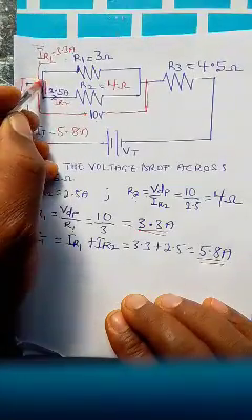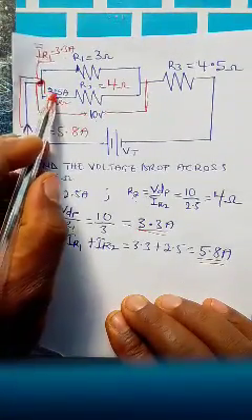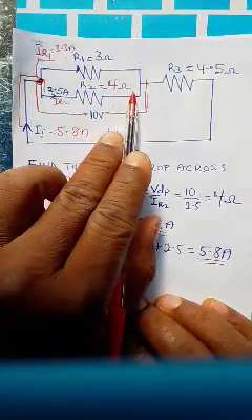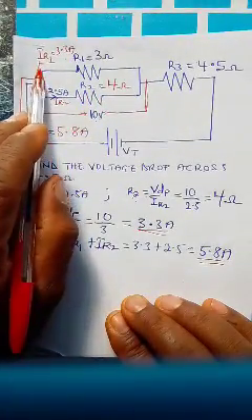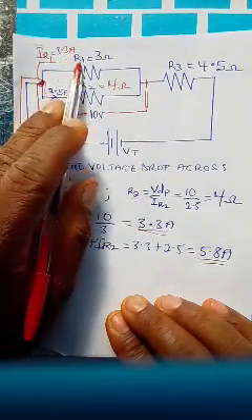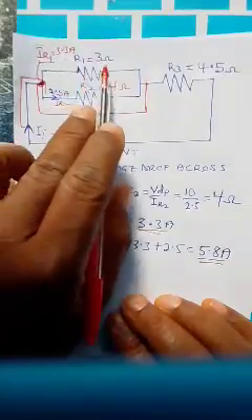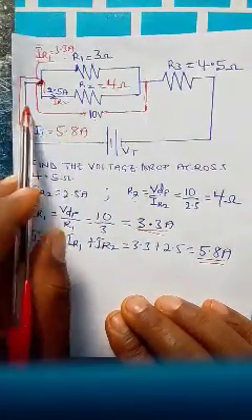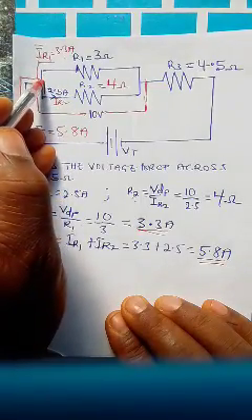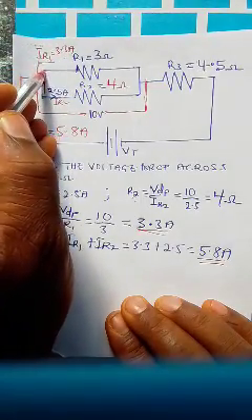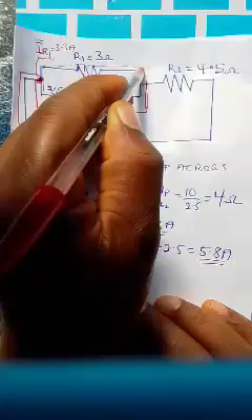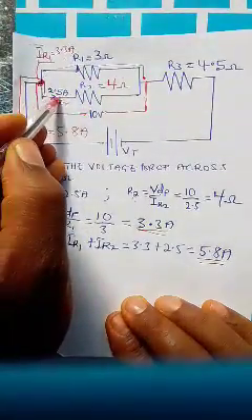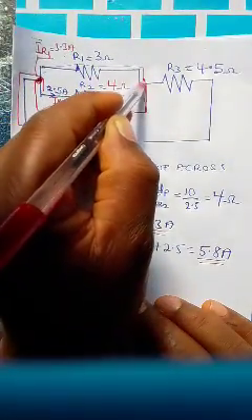When it gets to this junction, 2.5 amps flows in this 4 ohm resistor, and the other 3.3 flows through this 3 ohm resistor. The 3.3 flows through this resistor and comes here, and the 2.5 also flows and comes here.